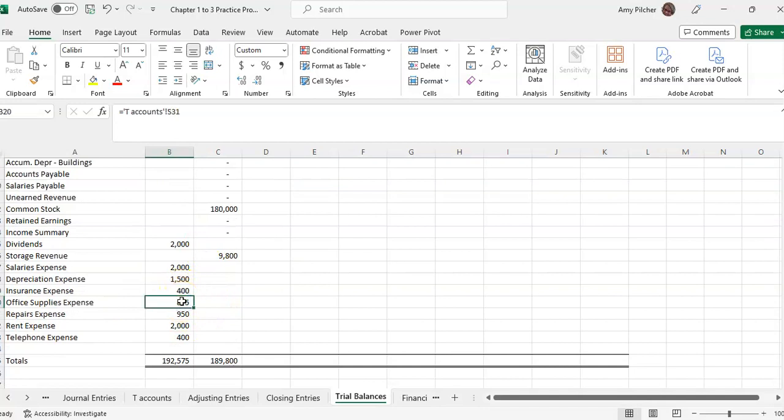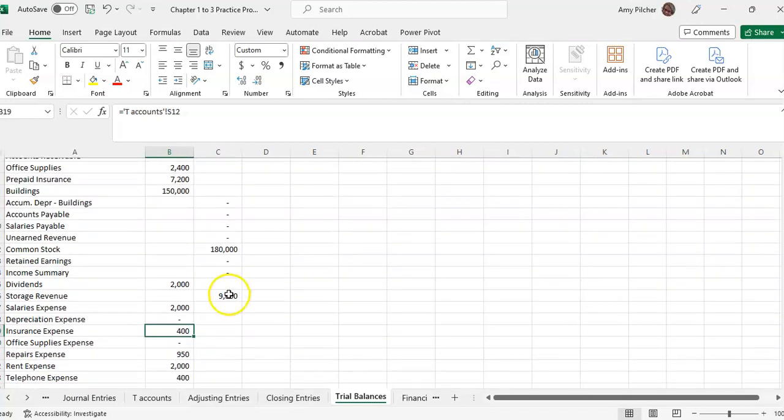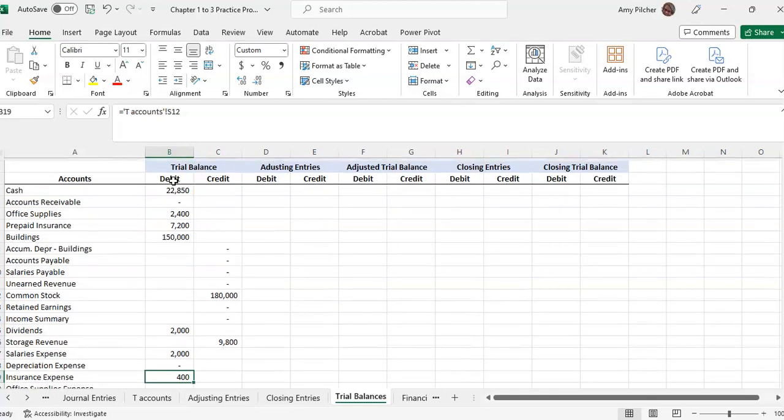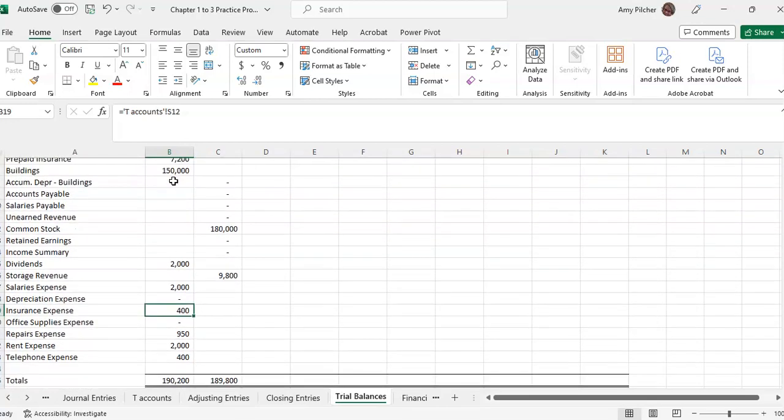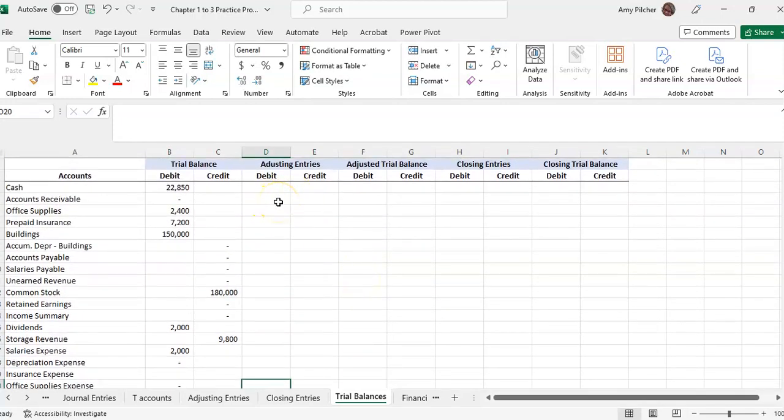Well, this is what I get for pulling from and then changing. We need a couple of these to not change. Okay, what else did we change? New stock, buildings, insurance, dividends, salaries expense, insurance. Oh, that's the one. Okay, now we're back equal again.